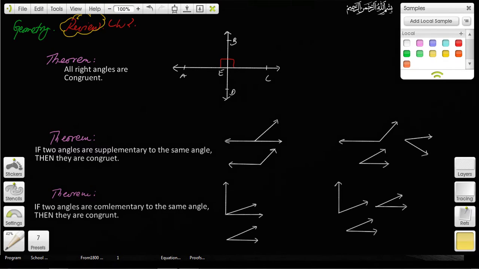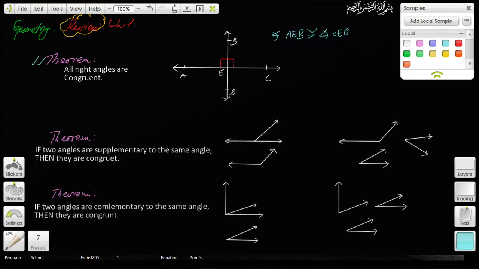One of the very important theorems is this one over here. And this theorem basically says, in all simplicity, all right angles are congruent. See, here, for example, angle AEB right here is congruent to angle CEB.